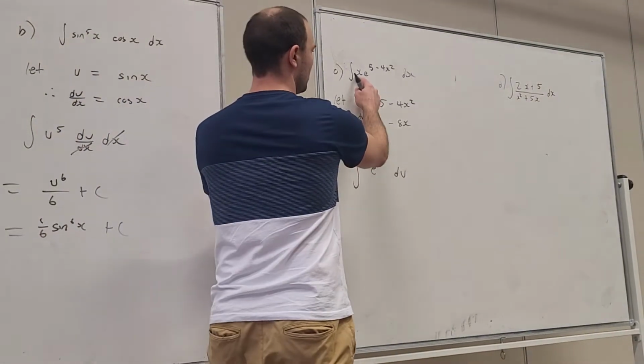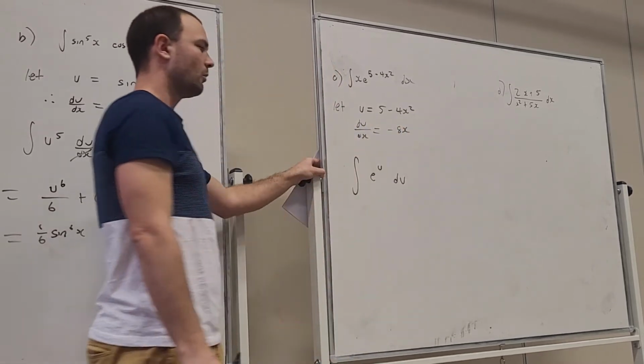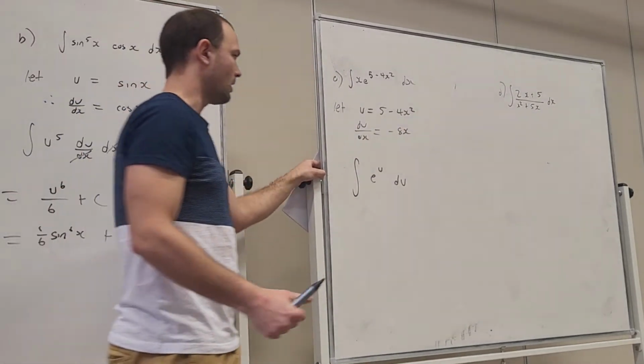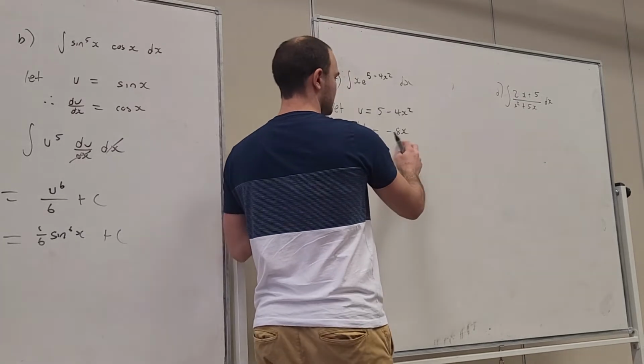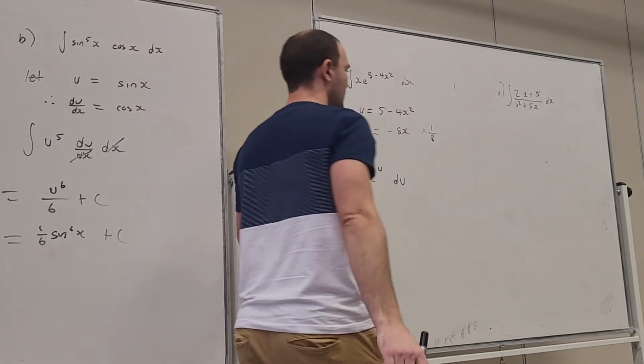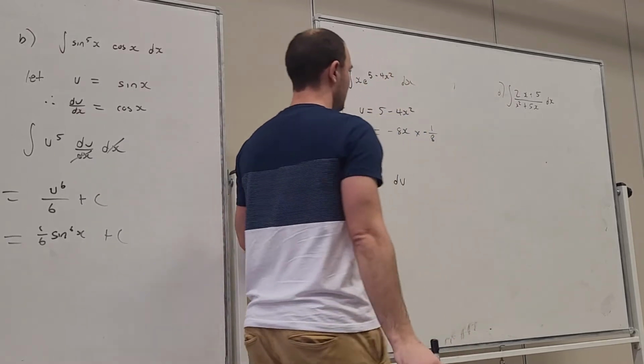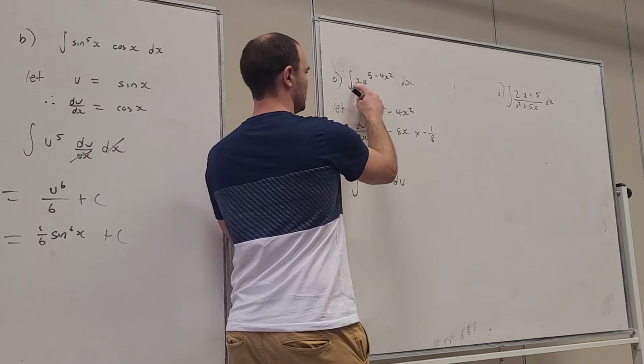At the moment, we've got x here, but we don't have minus 8x. So one way we could change it, if we think of du on dx, if you multiply it by negative 1 on 8, then that's when it's going to become positive x, isn't it?